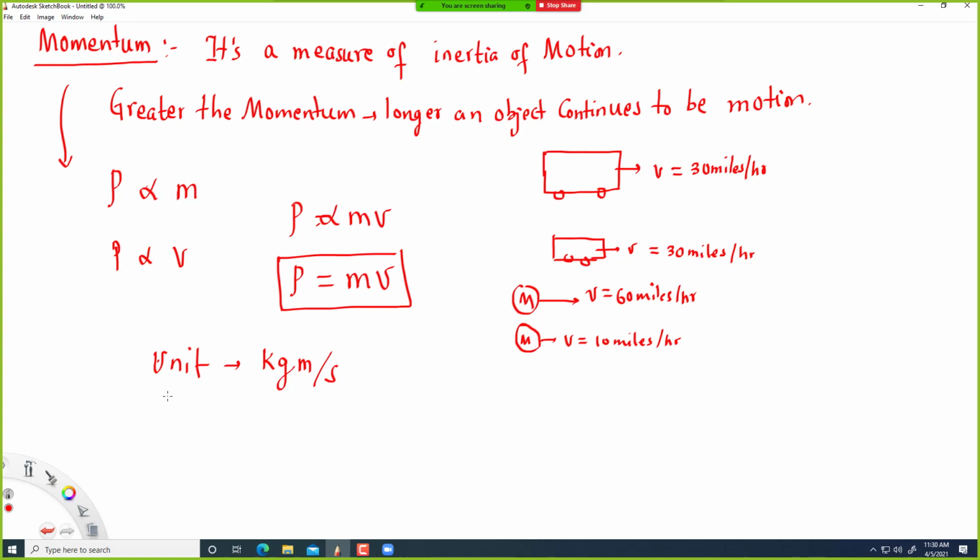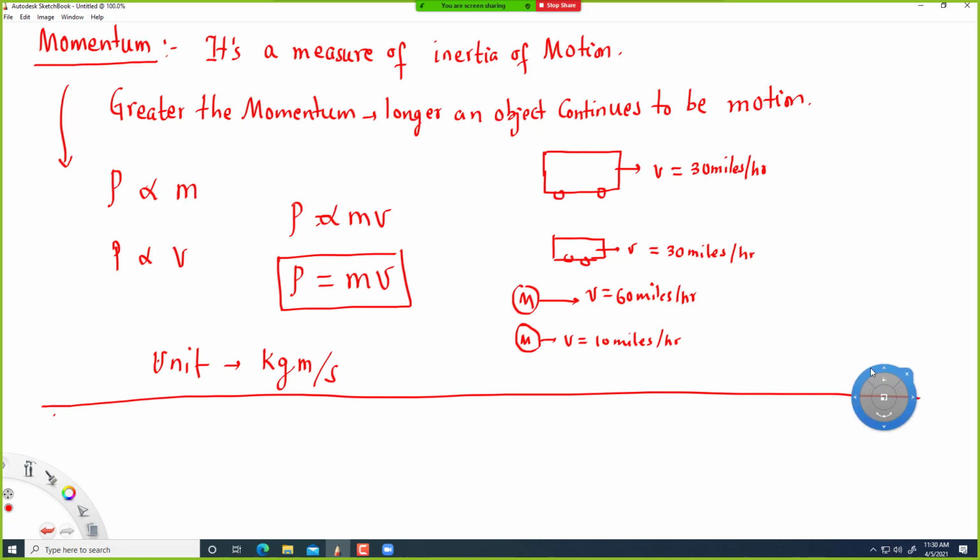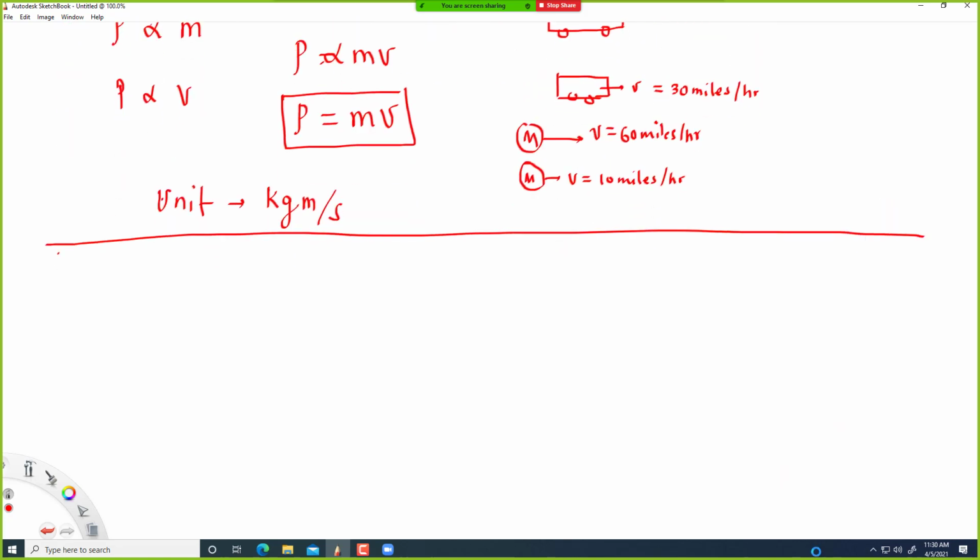So often in real life, we want to change the momentum of an object. Let's say a 1 kilogram object, like a football. A football may not be 1 kilogram, but let's say some object is moving at a velocity of 2 meters per second.